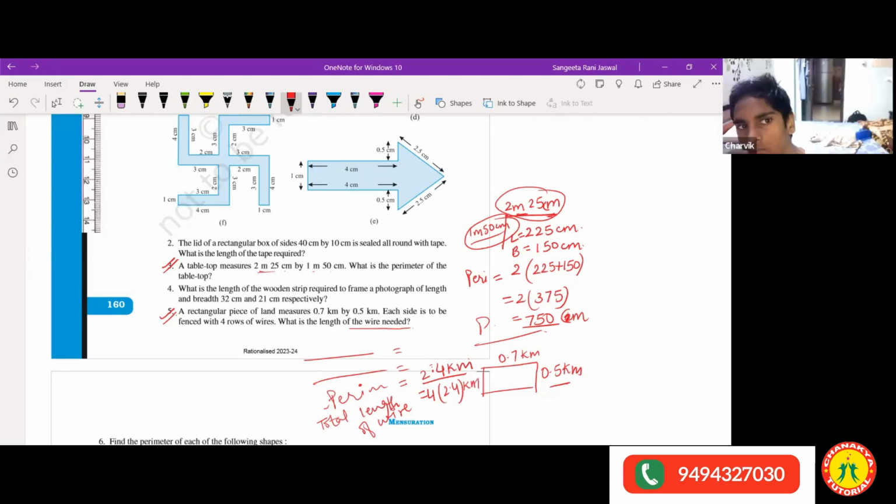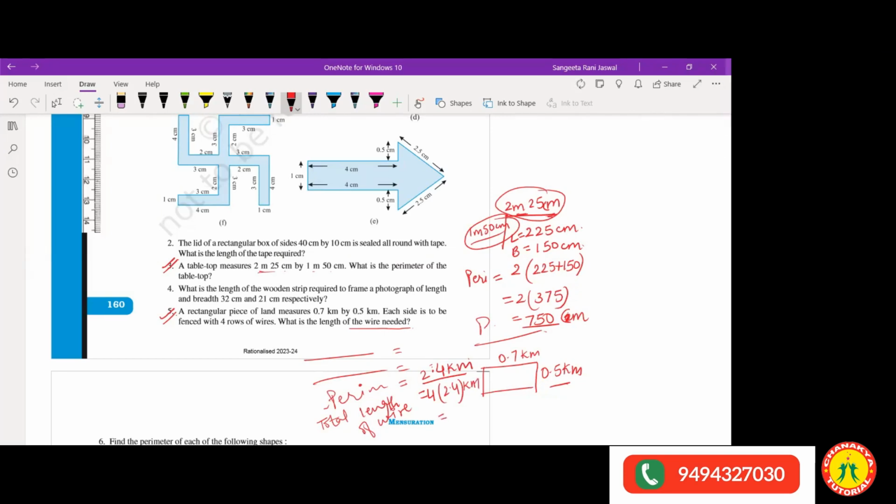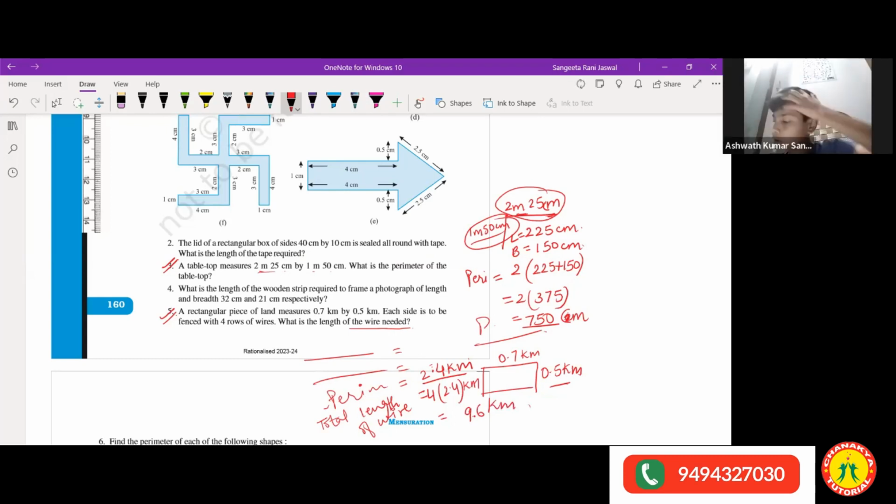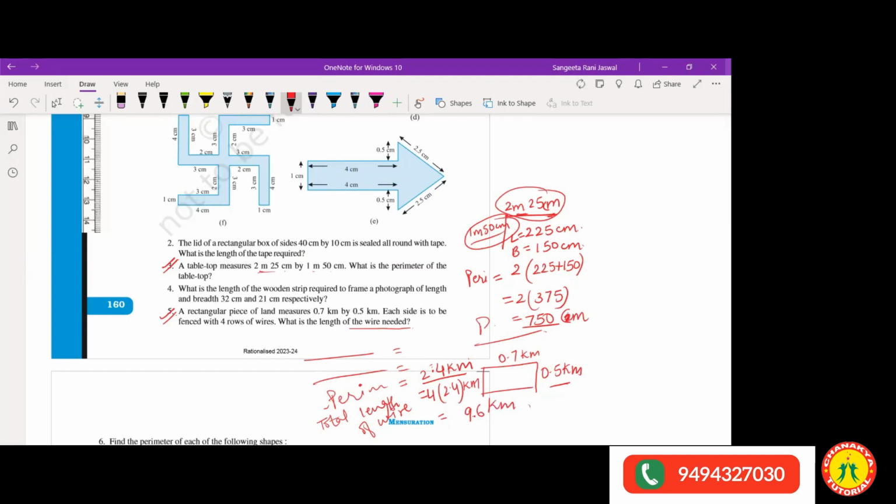So just multiply: 4 into 2.4 is 9.6. Okay, 9.6 kilometers of wire is required. 2.4 km into 4 equals 9.6 kilometers.